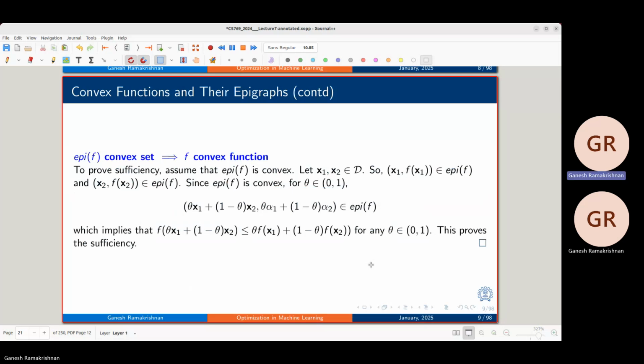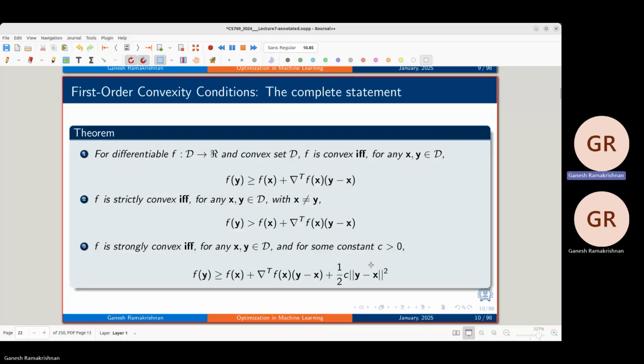This basically means that the function is convex. So super straightforward. I just spent some time to help you appreciate that there's a seamless connection between function convexity and epigraph convexity. They're kind of two sides of the same coin.